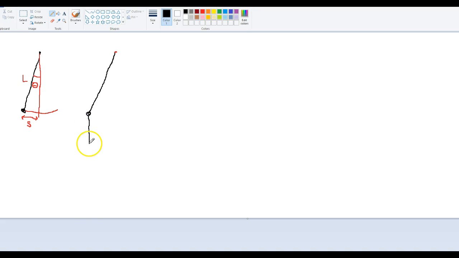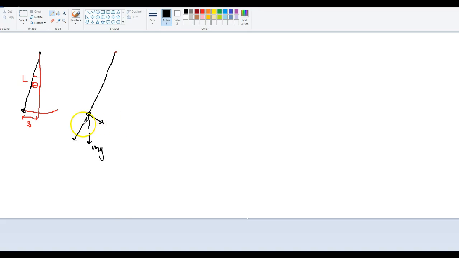Gravity is working down, and that's of course mg, and in this direction here and this direction here, we have two forces that construct together, or that we can actually use as forces in their own right.